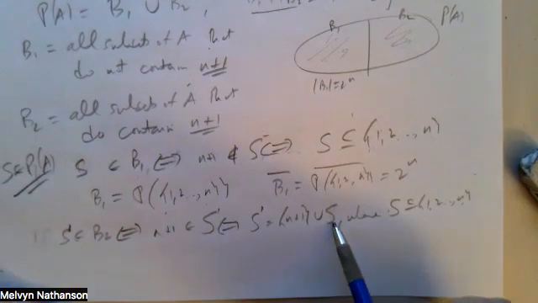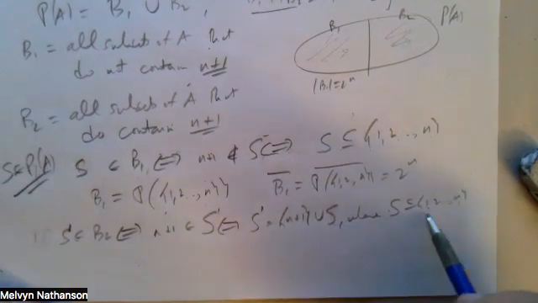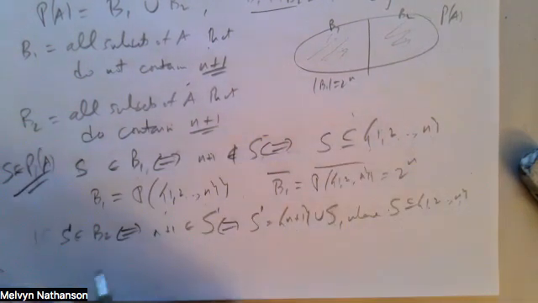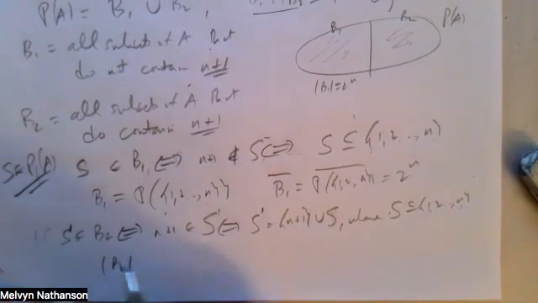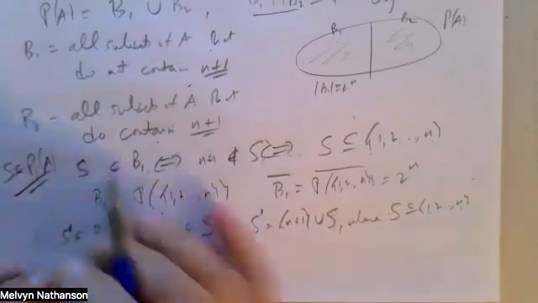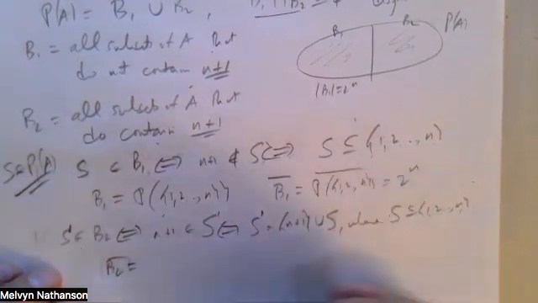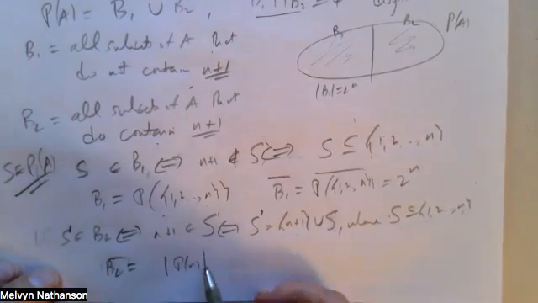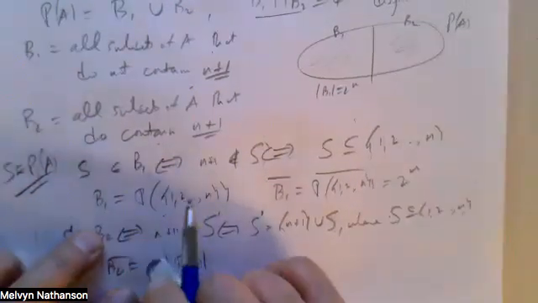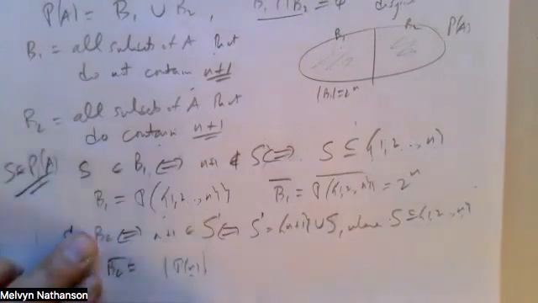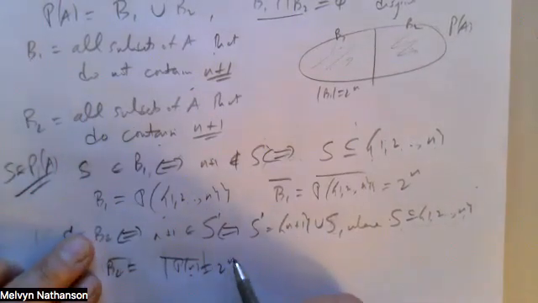And how many sets S can you pick? Power set of n of them. So the cardinality of B2 is equal to the cardinality of the power set of n, which is 2 to the n.